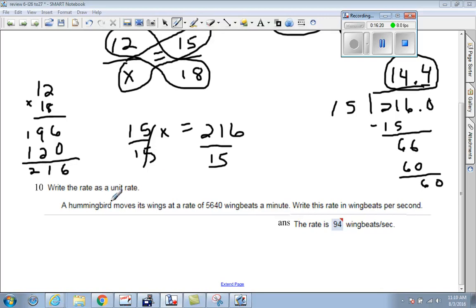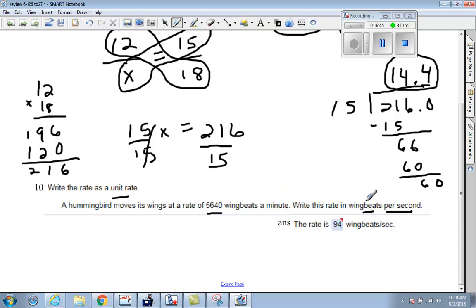Okay, write the rate as a unit rate. Now we know unit rate means get 1 in the denominator of your fraction. The hummingbird moves its wings at a rate of 5640 wing beats a minute. And it says write this in wing beats per second. Now, we have to think a little bit.